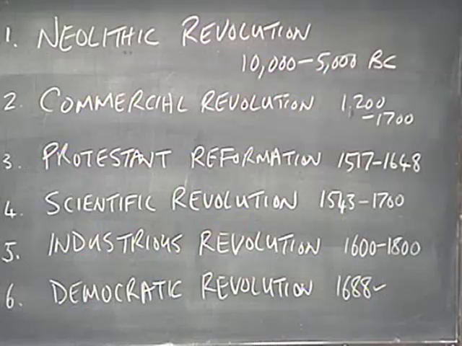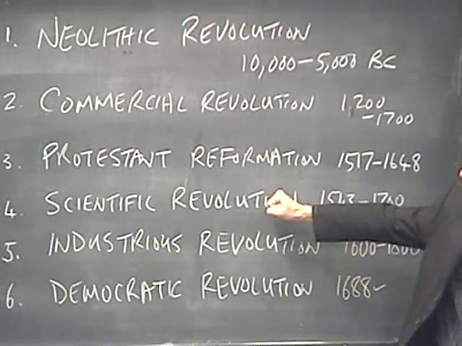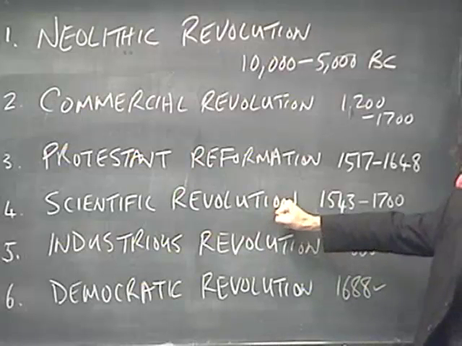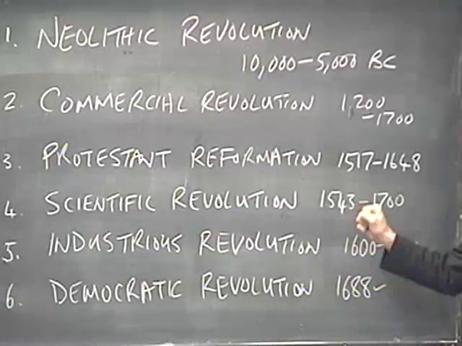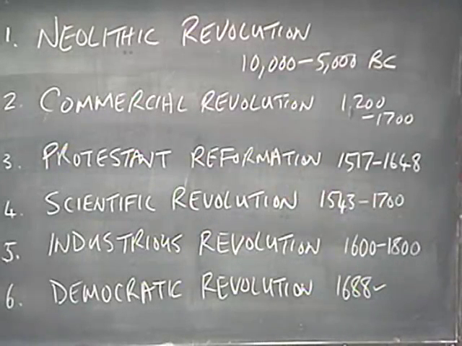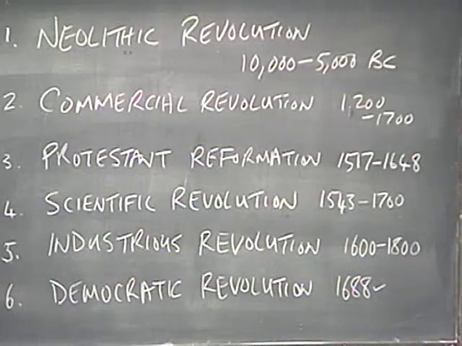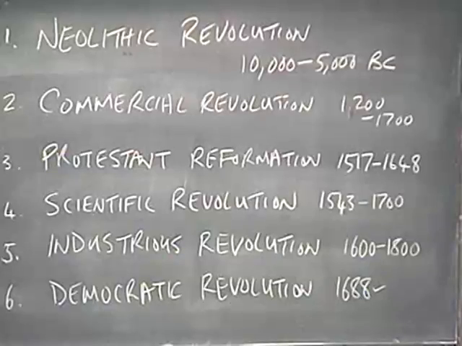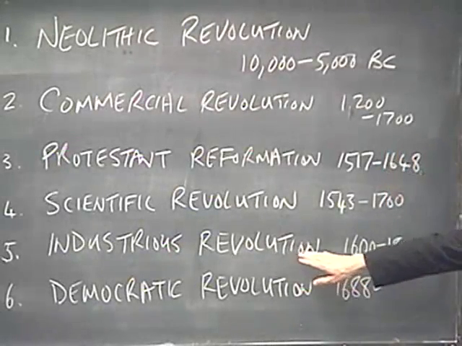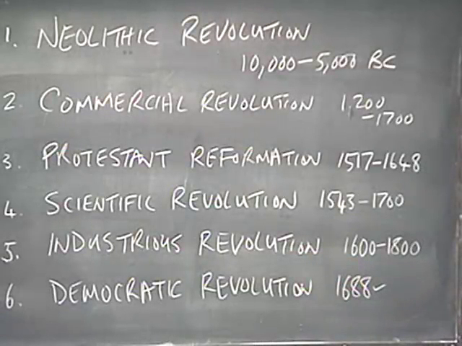And associated with scientific inquiry, empirical tests of propositions, and a lot that underpins modern technological advance. Interestingly, though, we'll see again, this just doesn't appear as a separate event in terms of this history of the world. Okay? The fifth revolution that we encounter is the Industrious Revolution of 1600 to 1800.